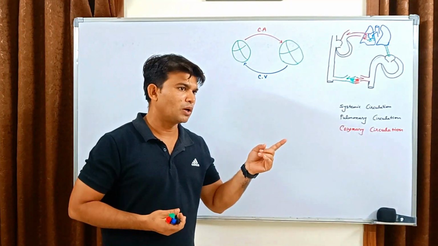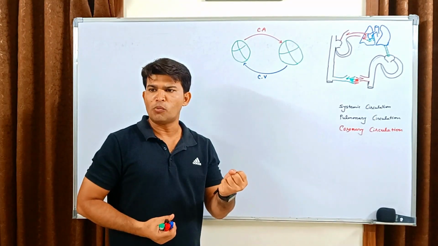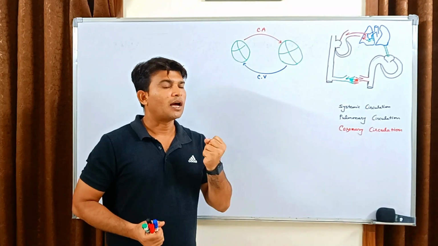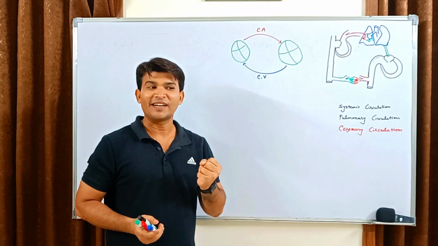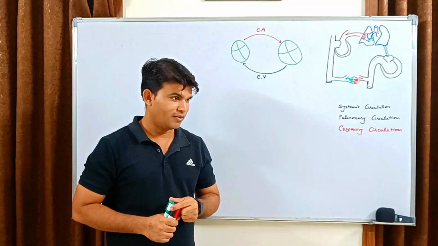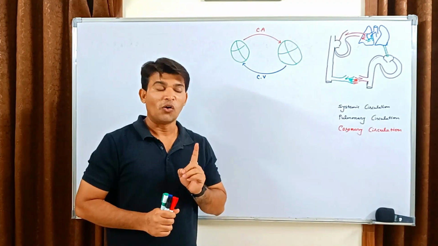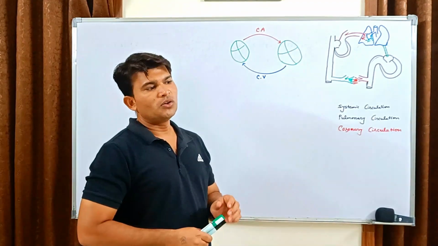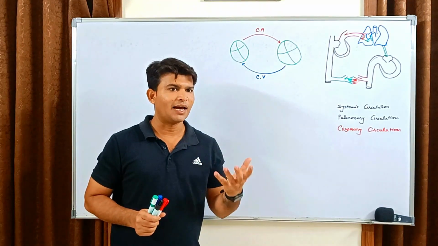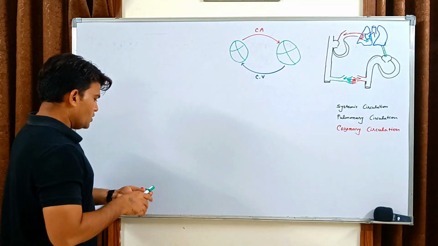And we know the physiology that at the top of systole, the innermost myocardium is under high pressure, and practically during systole the innermost myocardium is not getting blood. They get oxygenated blood practically during the relaxed period of the heart, that is diastole, right? That point we have already discussed in detail.